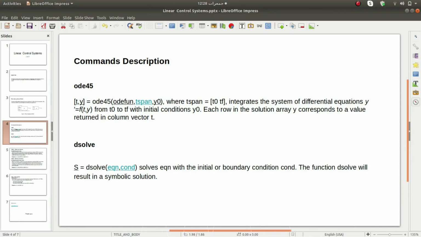So here we have to call the function which we have created, then define the time span, and in the last give the initial condition, and this command will basically solve, or integrate, the differential equation and give you a result.